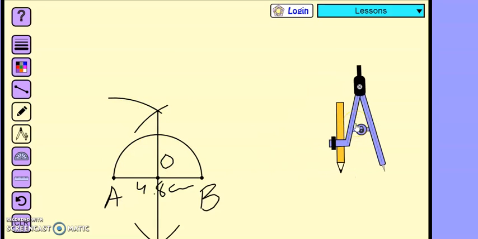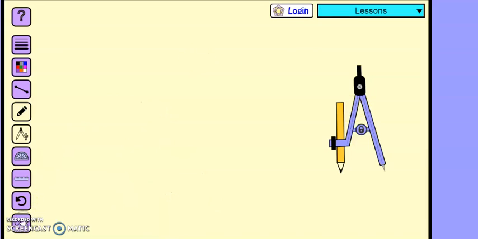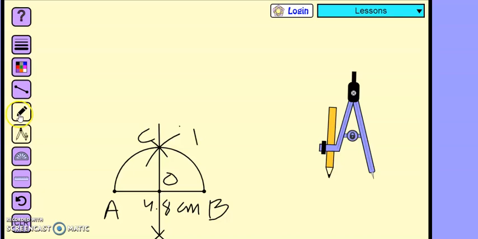So now you got your third point, that is C. Join A with C and B with C. So this is your required triangle.